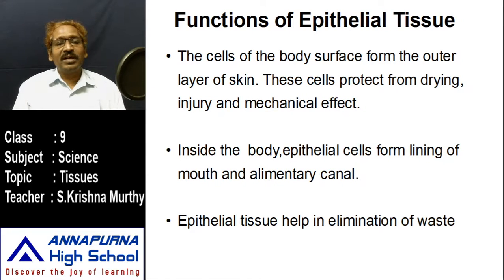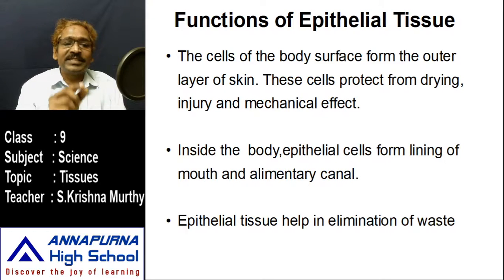So let us look at the functions of the epithelial tissue. The cells of the body surface form the outer layer of the skin. The skin, organs, tissues, whatever is inside our body, the entire body parts are enclosed with it, maybe a minute cell, a big tube, a capillary, an organ, or an entire animal body covered with epithelial tissue.